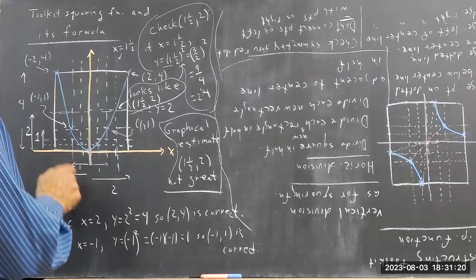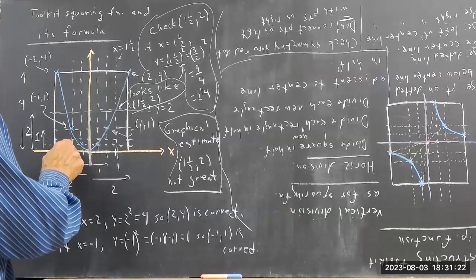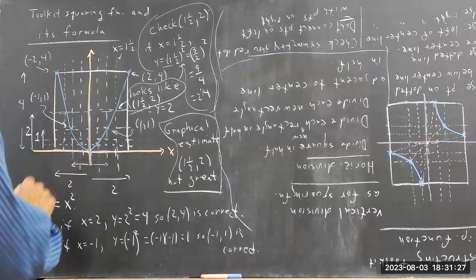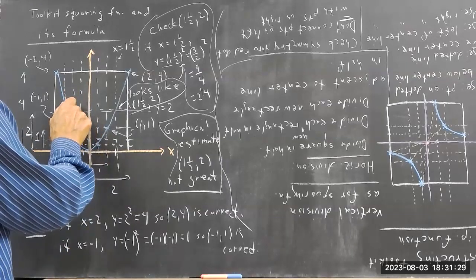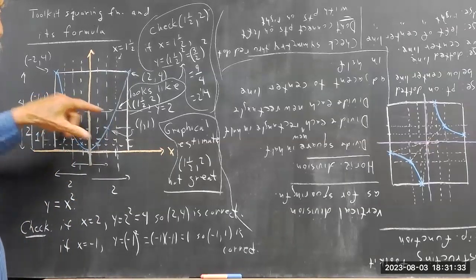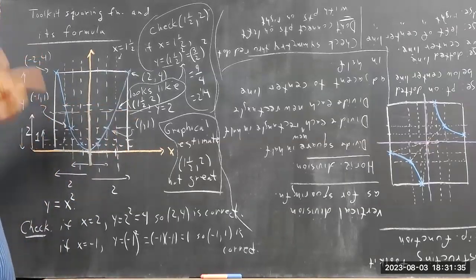One other little aspect. If you go to negative 1.5, that would be like here. Okay. Now, if we take this point on the graph and come over here, we're higher than we are here, so our estimate would be a little bit higher.